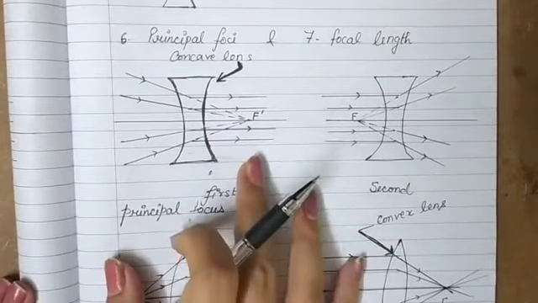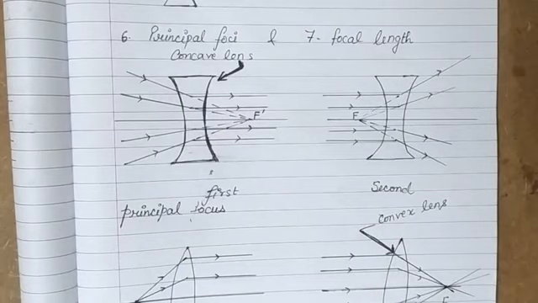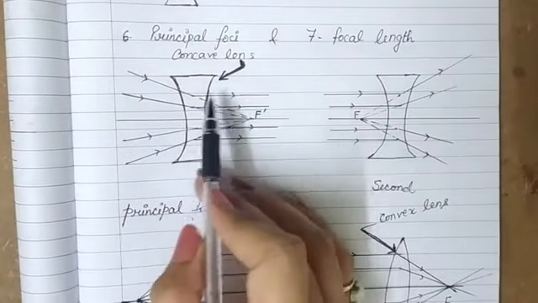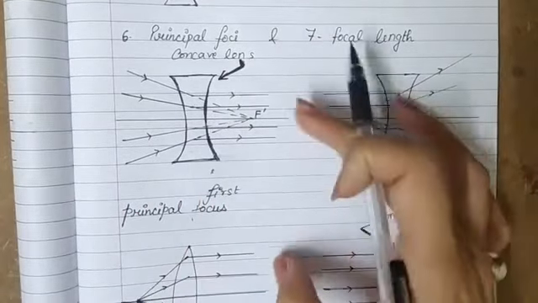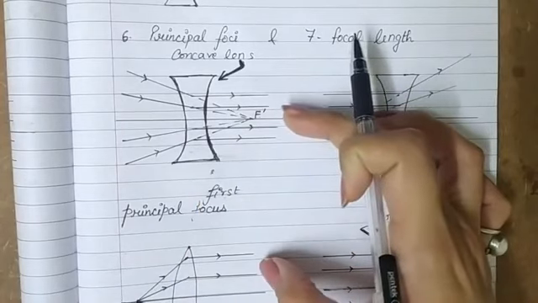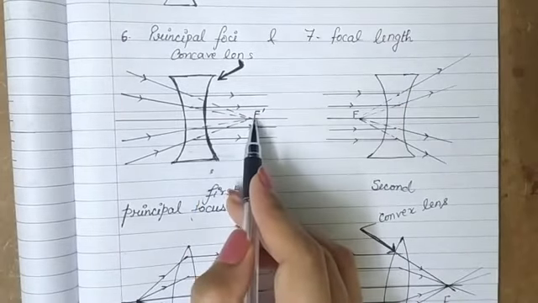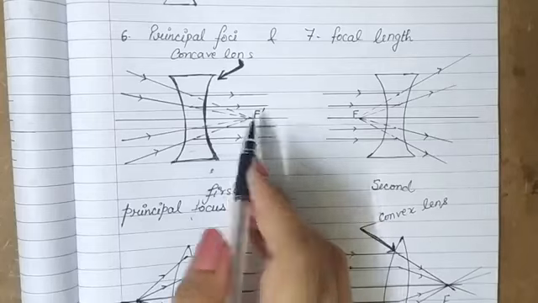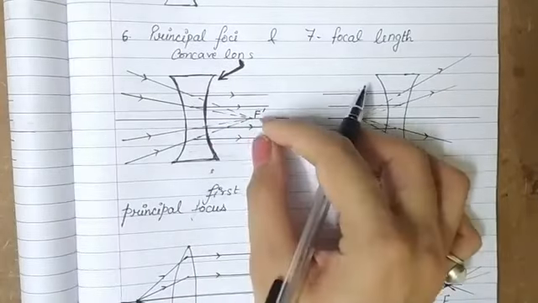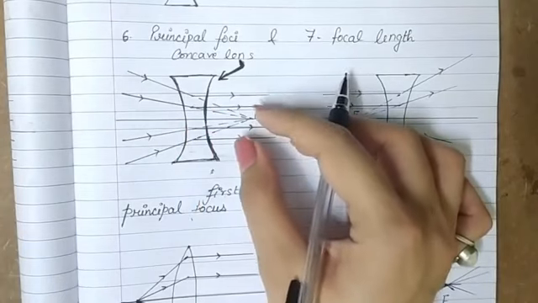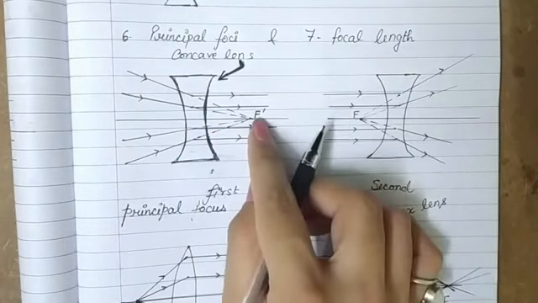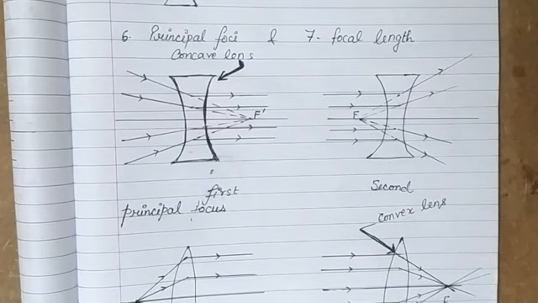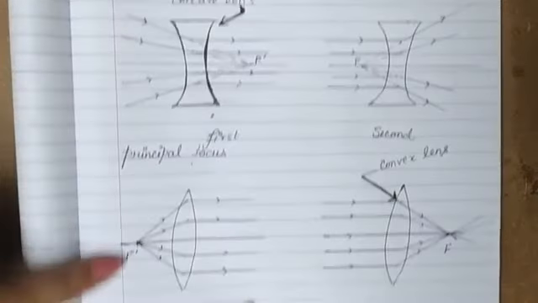In case of concave lens, these rays are coming towards that point, or appear to be coming towards that point, and become parallel to the principal axis after refraction. This thing is same, that after refraction they will become parallel. So this point is called first principal focus of concave lens. Since this is a virtual point, the lines are not actually meeting here, they appear to meet here, that's why it is a virtual point. And concave lens, that's why, has virtual focus. So this is the first principal focus for concave and convex lens.